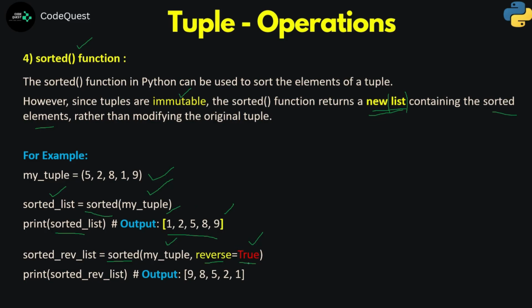So unless you make it True, you will not get the descending order of the elements. Once again, this is also going to produce a list with square brackets, and in this all the elements are in descending order. If you do not use reverse, by default it is going to give you the ascending order of the elements. If we set this to True, we will get the descending order as per our requirement.